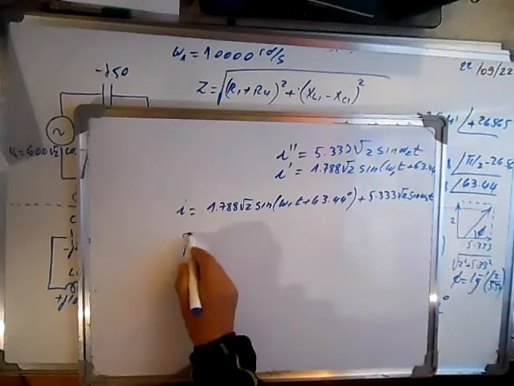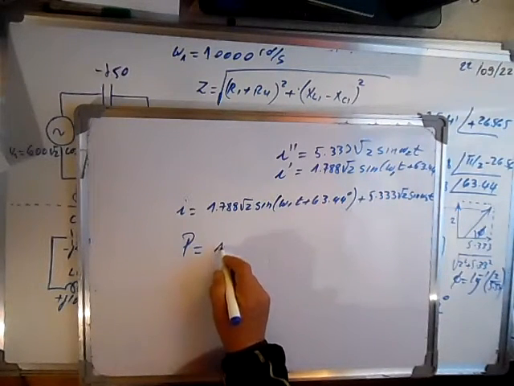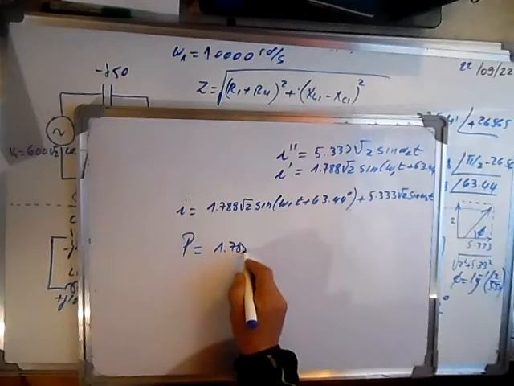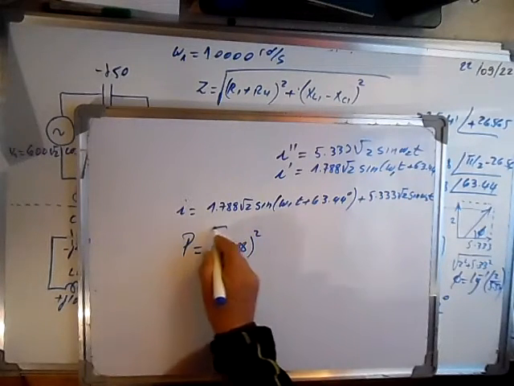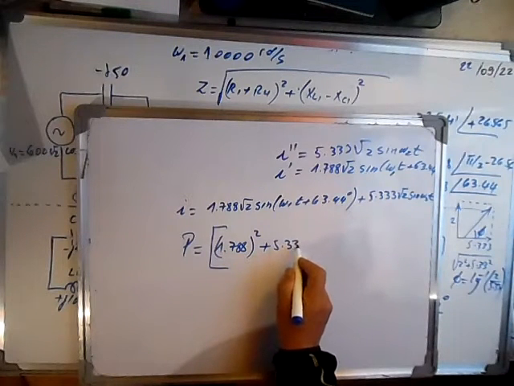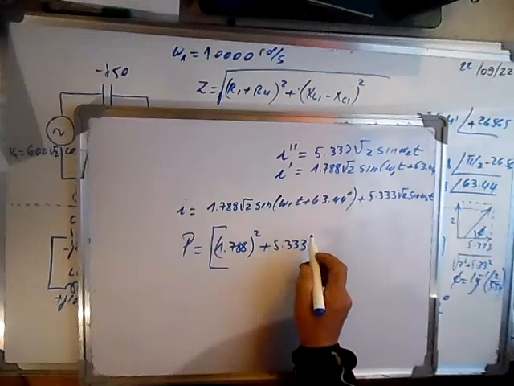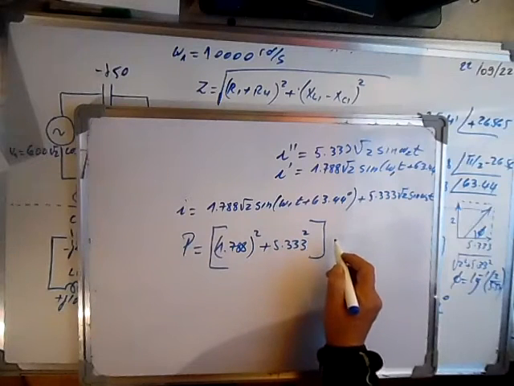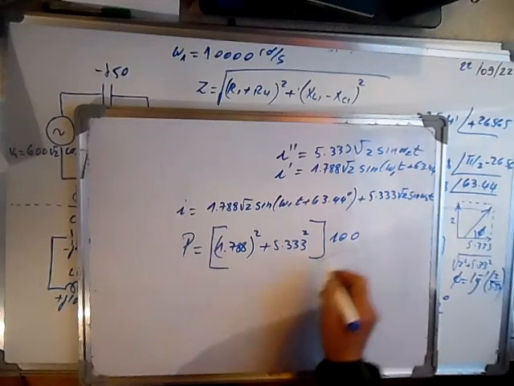Now we can calculate the power. It's equal to 1.788 squared plus 5.333 squared, times R1, which is equal to 100.